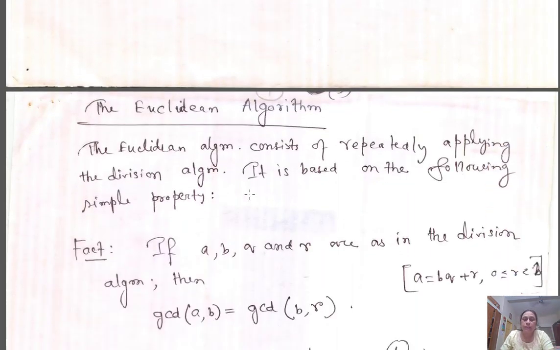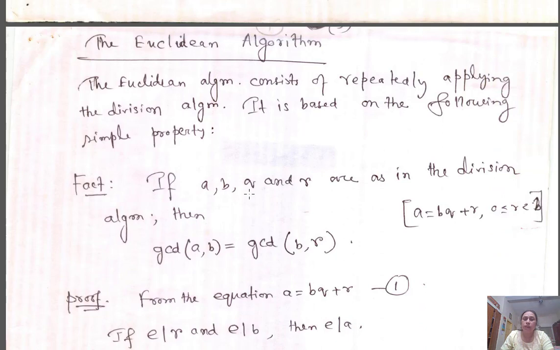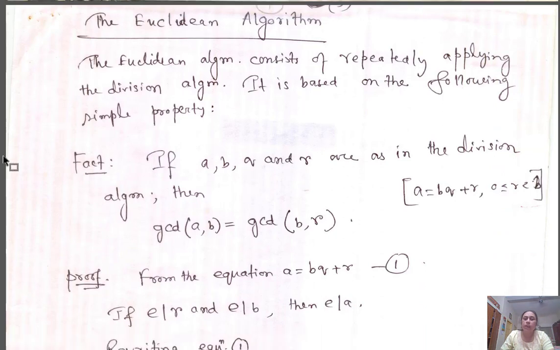Now the Euclidean algorithm. The Euclidean algorithm finds the GCD, and it actually uses this fact. It consists of repeatedly applying the division algorithm. It is based on the following simple property: A, B, Q, R are as in the division algorithm.